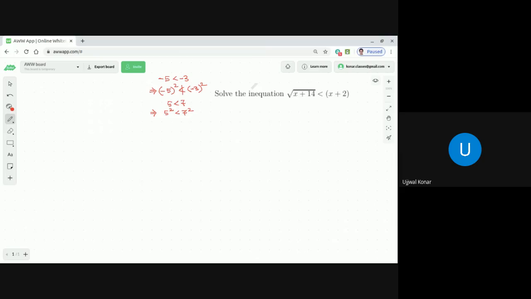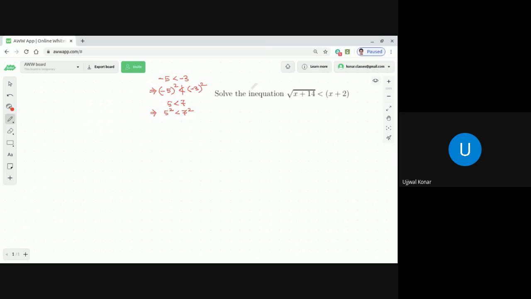So what we are saying in general is that when a is less than b, that may imply a square is less than b square, or it may imply a square is greater than b square, depending on the sign of a and b, whether they are positive values or negative values. And dear students, while discussing these irrational inequalities, these concepts come in as very, very important.